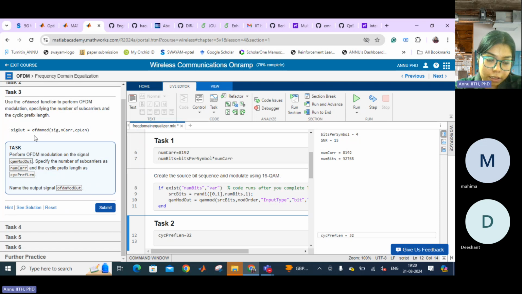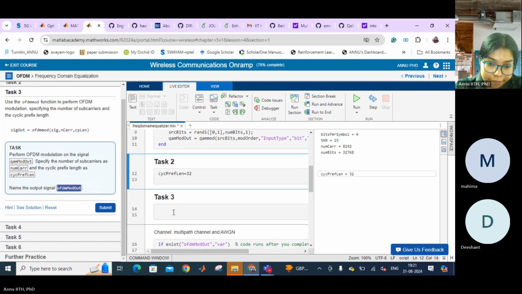So the number of subcarriers, and the cyclic prefix length also. So let's say this OFDM out is OFDM mod.